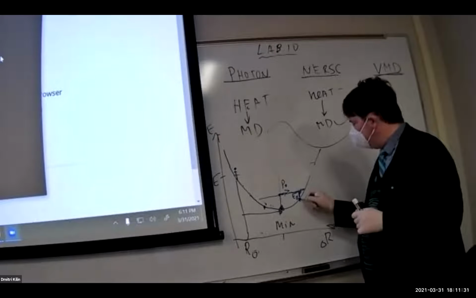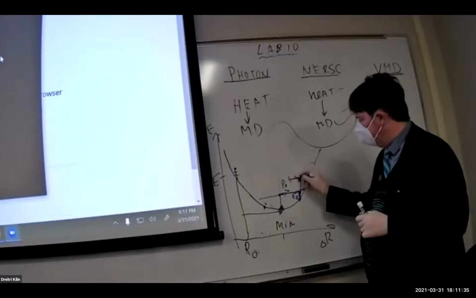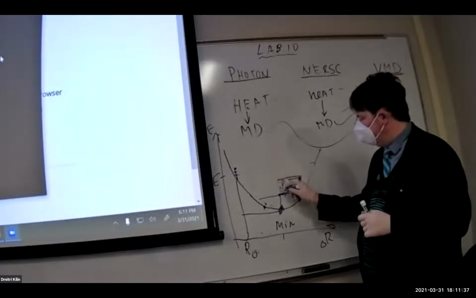We can try to kick it once again, and maybe with motion in the opposite side. Then it will start moving. Here it can be a little bigger. If we can kick it once again to have a kinetic energy smaller.